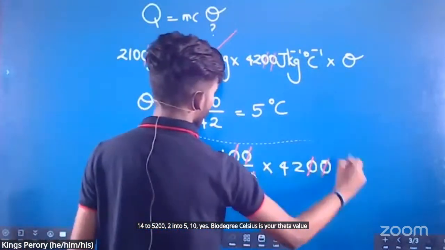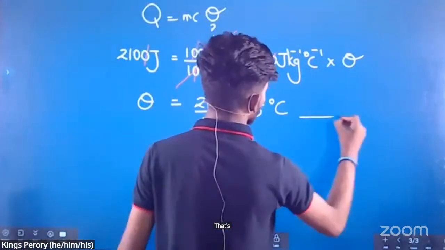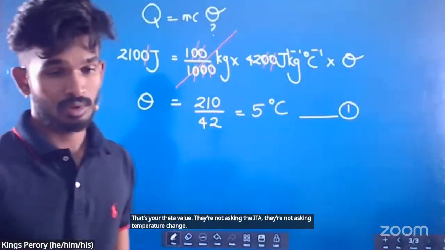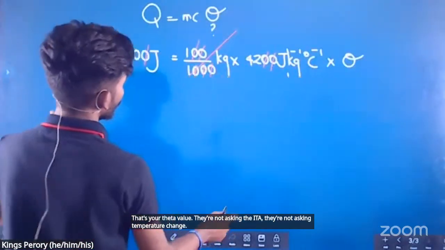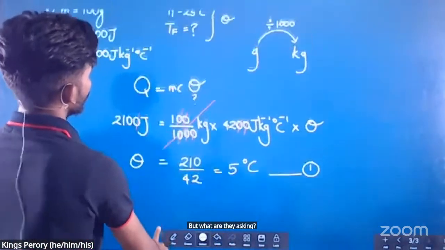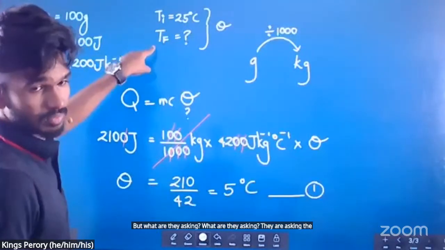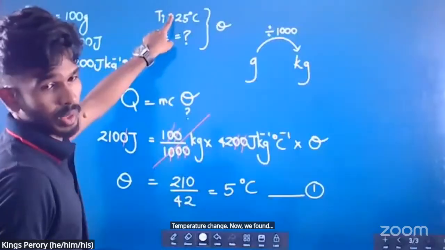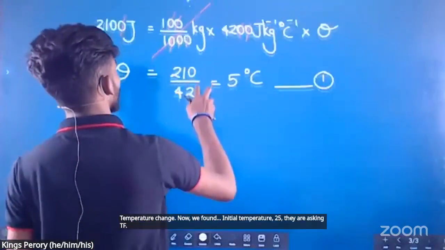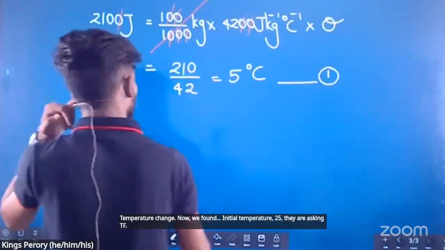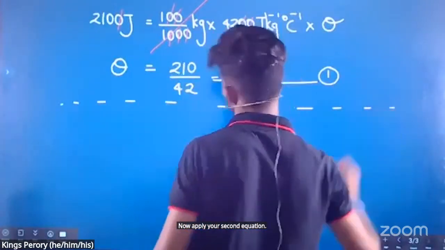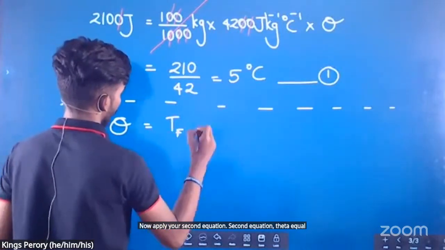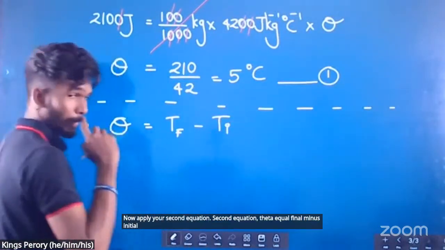That's not your final answer. That's your theta value. They are not asking for theta, the temperature change. They are asking for the final temperature, Tf. Now apply your second equation: theta equals final minus initial temperature.